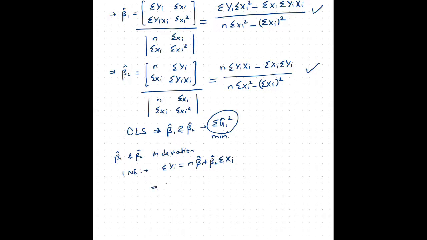So this implies beta 1 hat is equal to summation yi upon n minus beta 2 hat summation xi upon n. So this becomes y bar, that is the mean of y, minus beta 2 hat x bar. So beta 1 hat equals y bar minus beta 2 hat x bar.